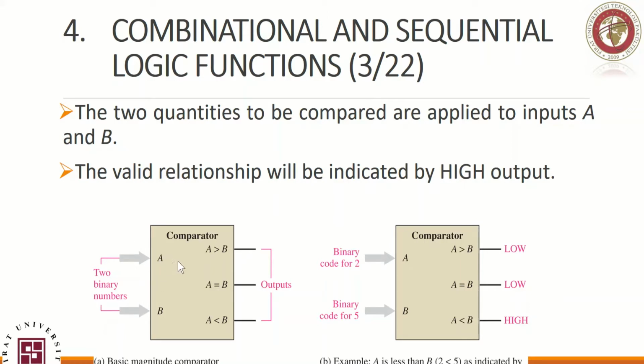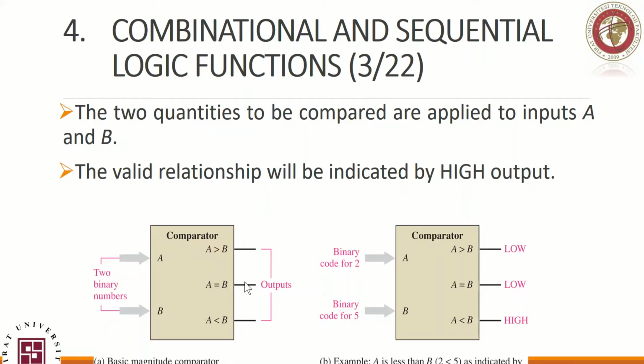Otherwise, let's say A is greater than B. This one will be high and this one will be low and this one will be low. So the output will be activated high depending on the state. If A is equal to B, this one will be activated high. If A is less than B, then this one will be activated and these two will be deactivated. Activated means high, so this one will be 1 or high, and these two will be 0 or low.